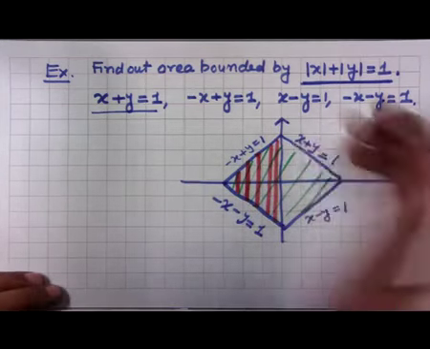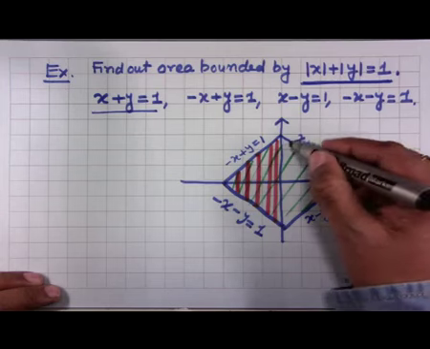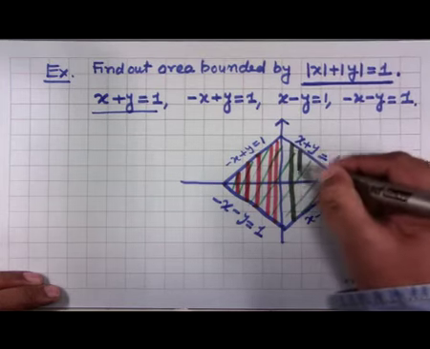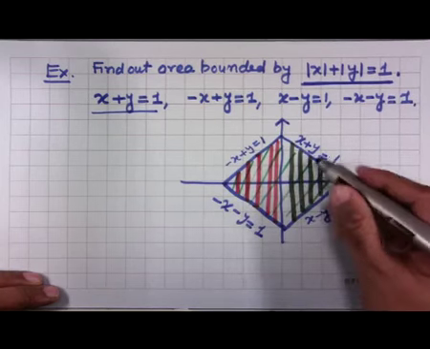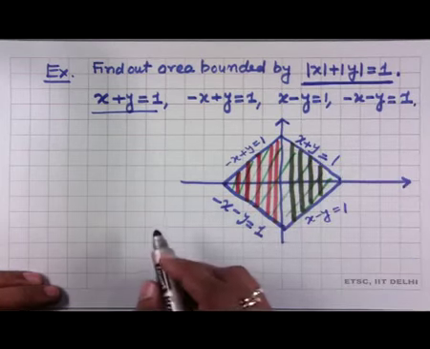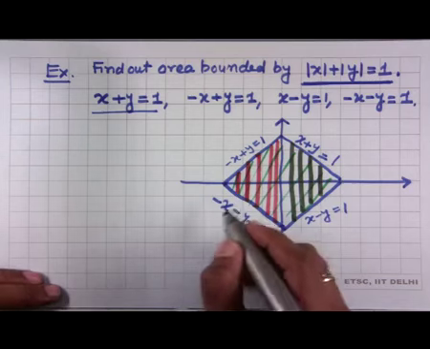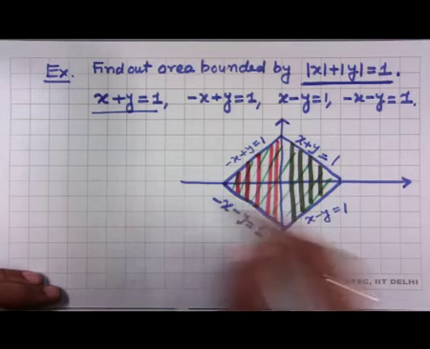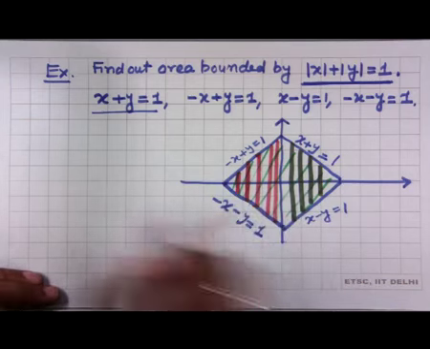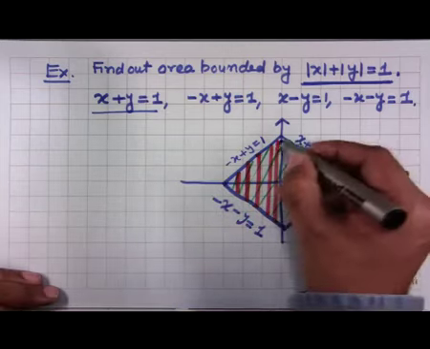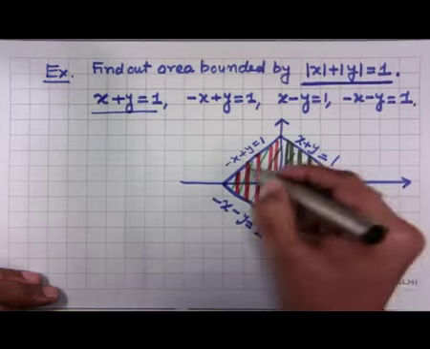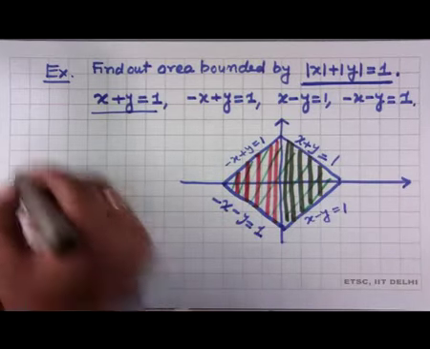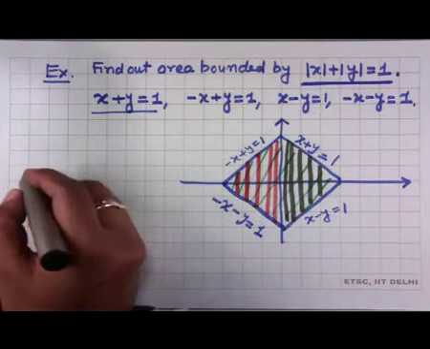For this portion, which is on the positive side of x axis, they start from this line and finish on this line. So, we need to break this total integration in 2 parts. We will compute the area shaded by black and the area shaded by red separately, and then we will add it.